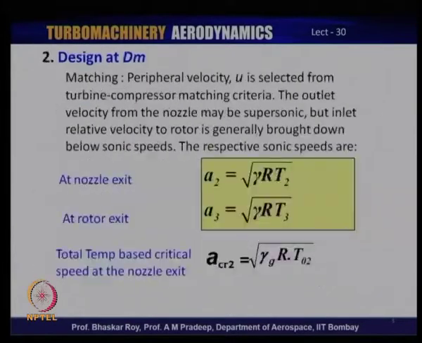Now, let us look at what we do to initiate the process of design at mean diameter. One of the first things we mentioned in the last slide is that you need to do a matching of compressor and turbine, which means the compressor and turbine must be at the same speed, and thereafter the U is selected.